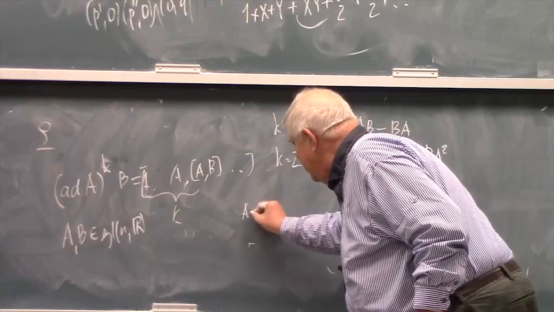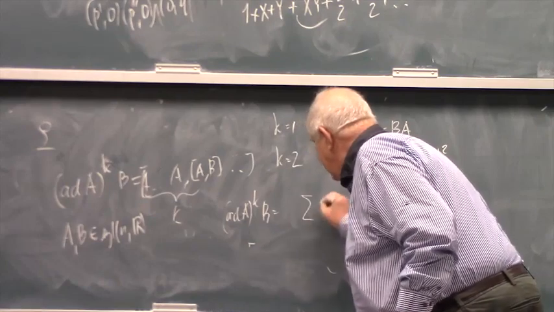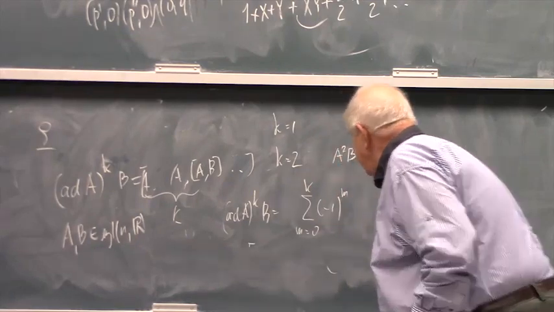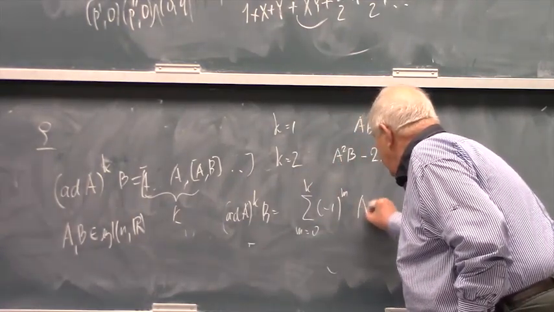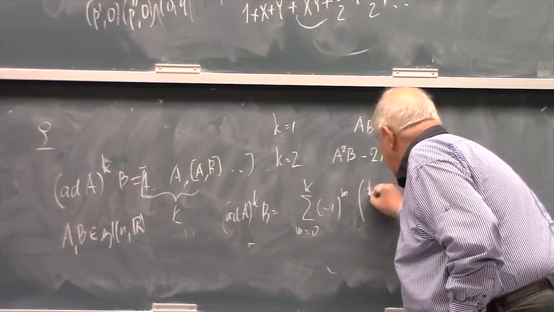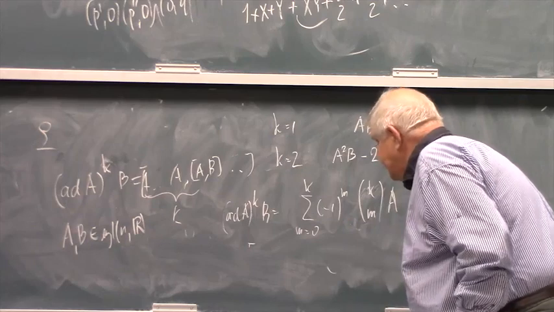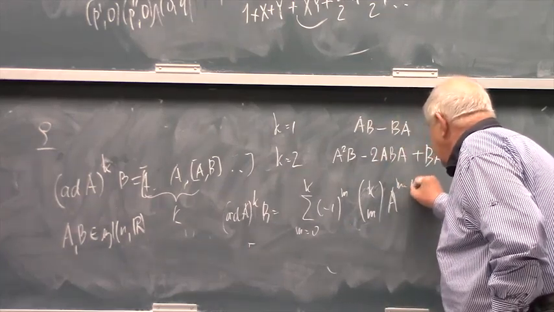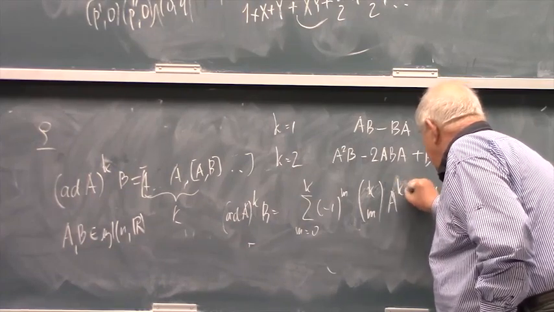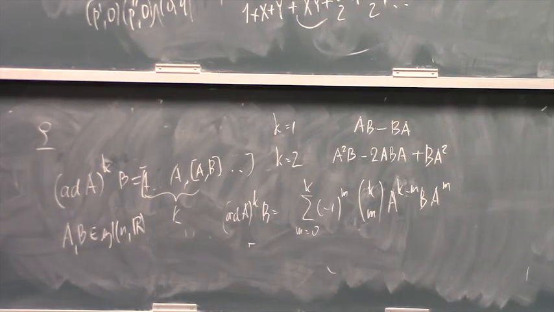Ad A to the power K of B is the sum over M from 0 to K of negative 1 to the M, K choose M, A to the power K minus M, B, A to the power M. This is the formula. Now look at it. Suppose that A is a nilpotent operator.